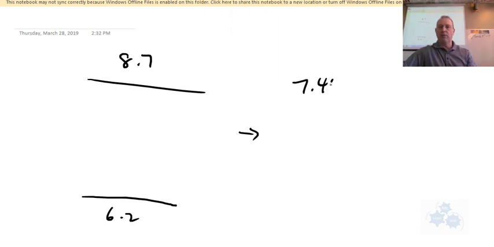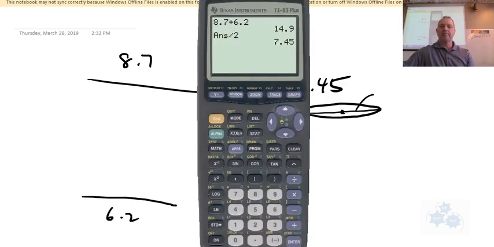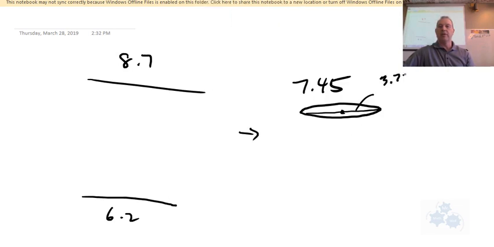So 7.45 would be the diameter of this. What's the radius then? We divide that by 2. 3.725. Okay. So let's measure the height now.